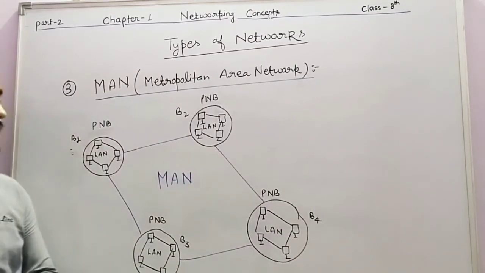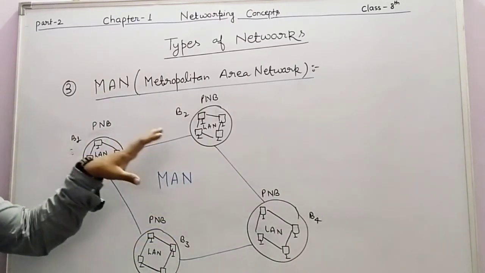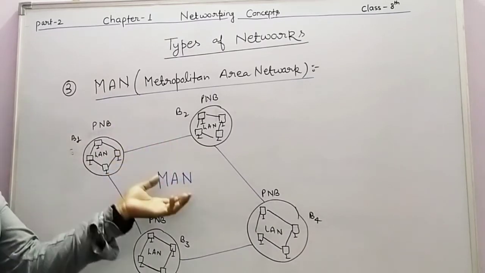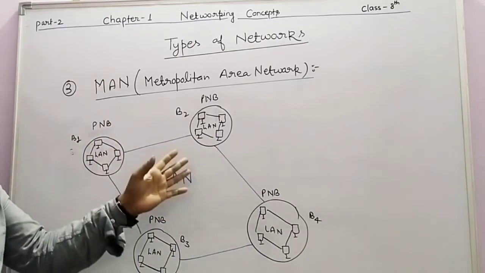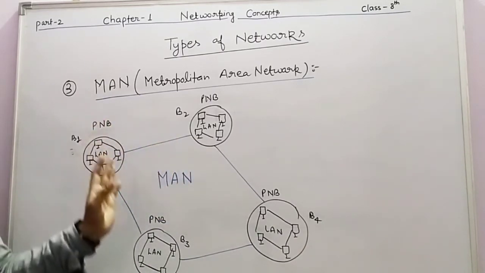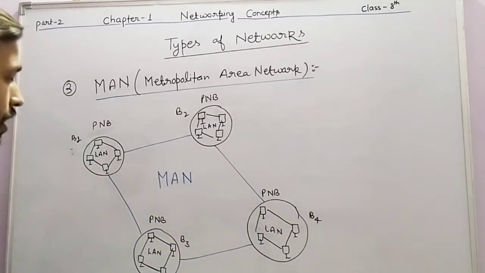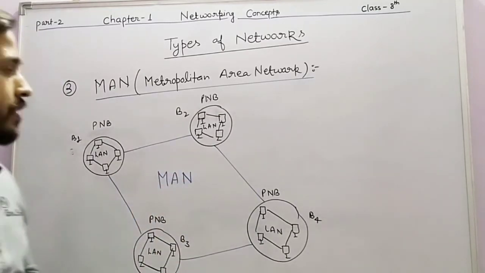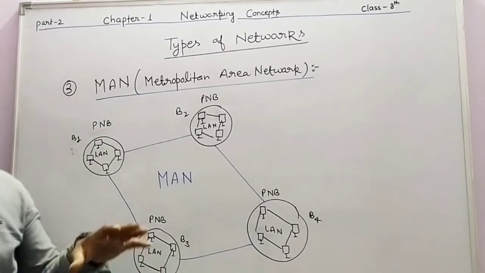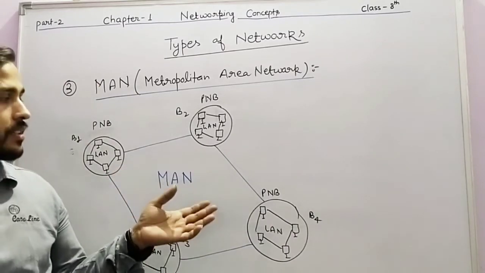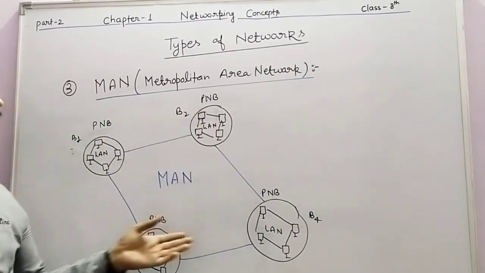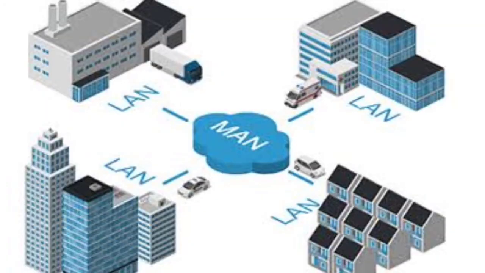So this is the basic example, and if you understand the figure, then it will be very easy to understand. I am going to share the screen of the figure of metropolitan area network.